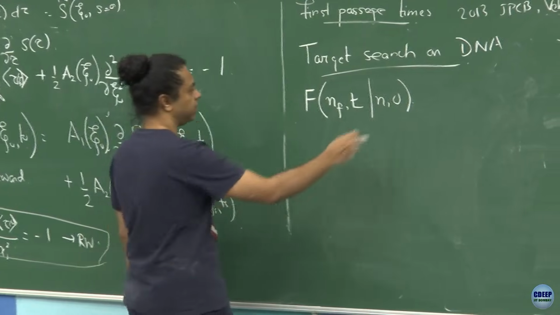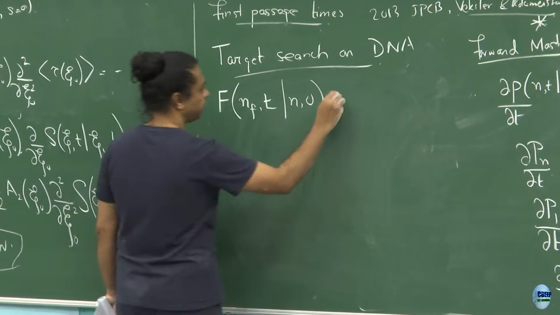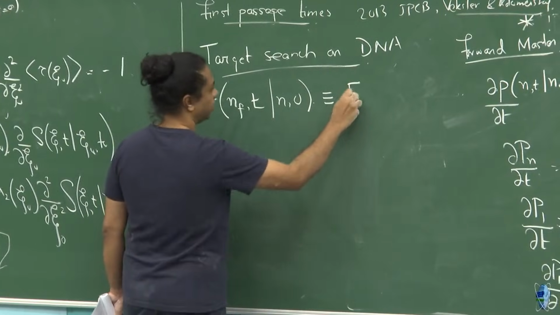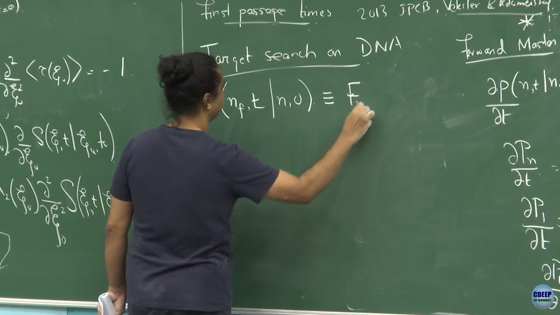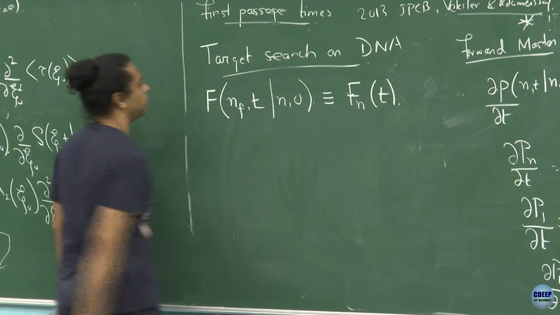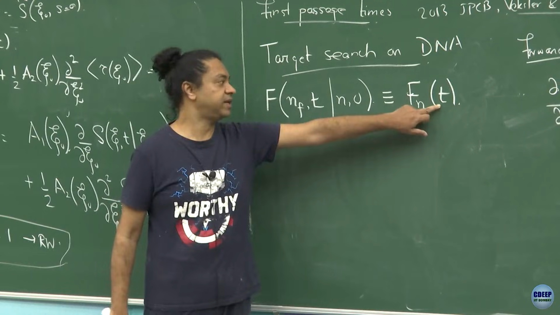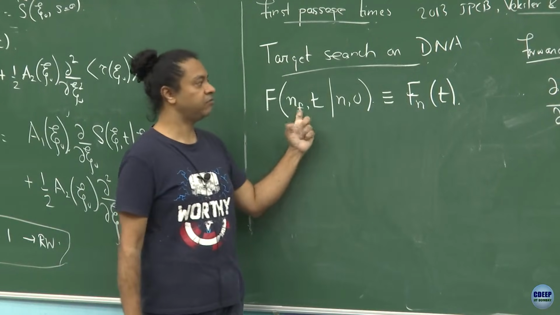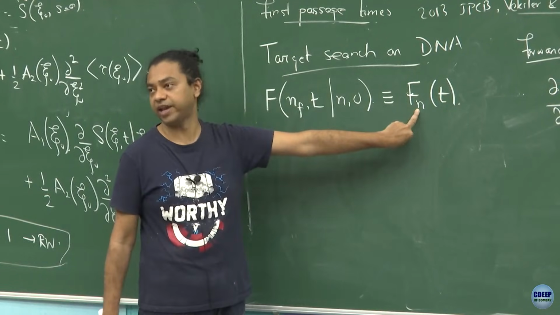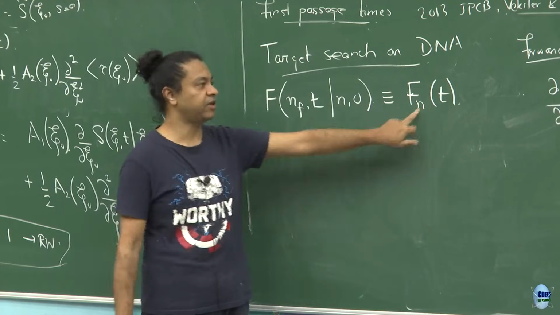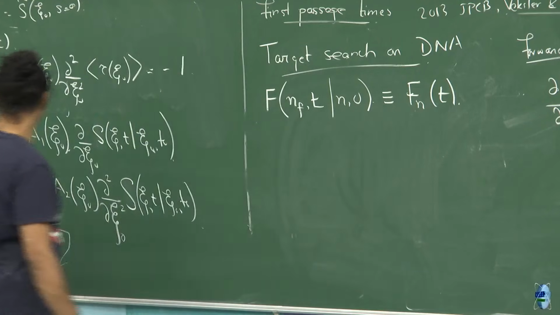So, this is my distribution of first passage time. So, I will call this Fn of t. This is the distribution of times t that it takes to find the target NF if it had started from site n.